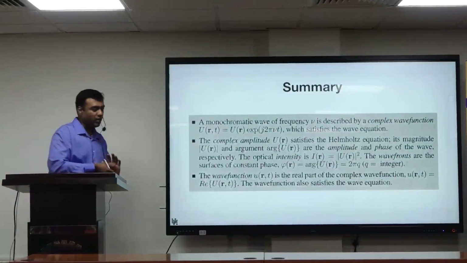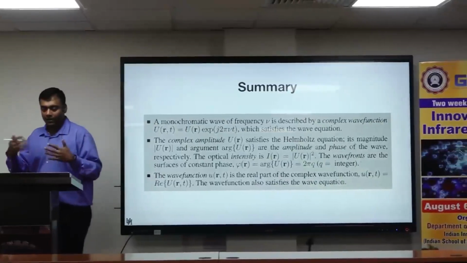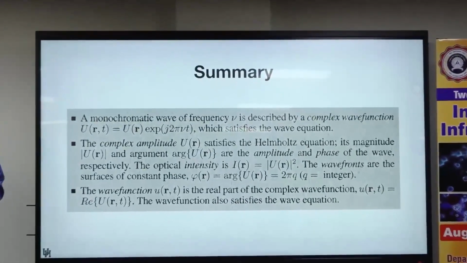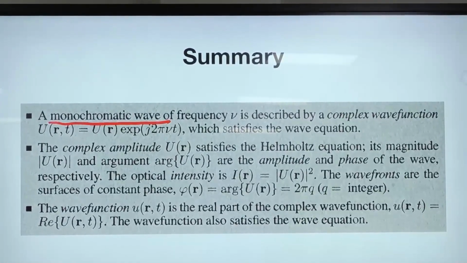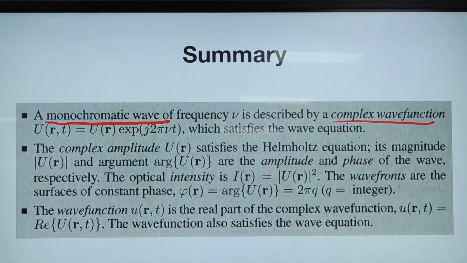Okay. So in summary, starting with the postulates of wave optics, what we have said is that a monochromatic wave, meaning a wave of one color or one frequency, can be described by a complex function of this form, which satisfies the wave equation.